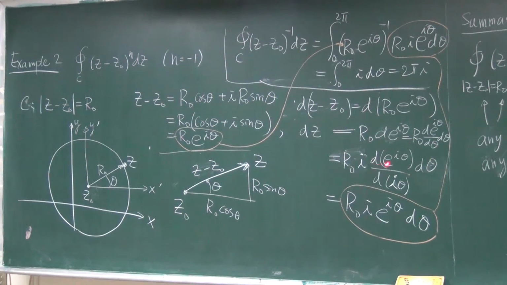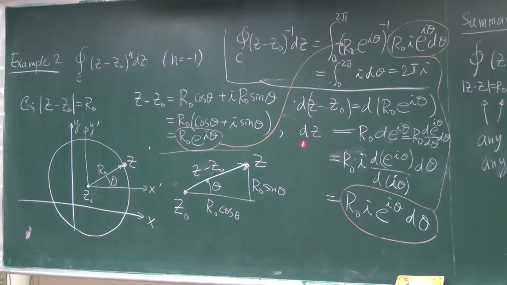Okay, and then for this differentiation, you see that we are just performing the differentiation of exponential I theta with respect to exponential I theta, which is just exponential I theta itself.